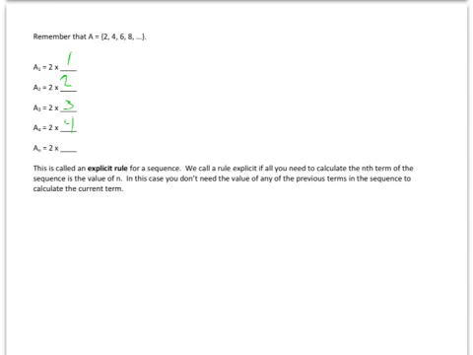So it looks like any term of the sequence is equal to 2 times n. A sub 5 would be 2 times 5. So A sub n is 2 times n. We call this an explicit rule. If all you need to calculate the nth term of the sequence is the value of n, you don't need any of the values in the previous terms of the sequence to calculate the current term. So this is not recursive, it is explicit.